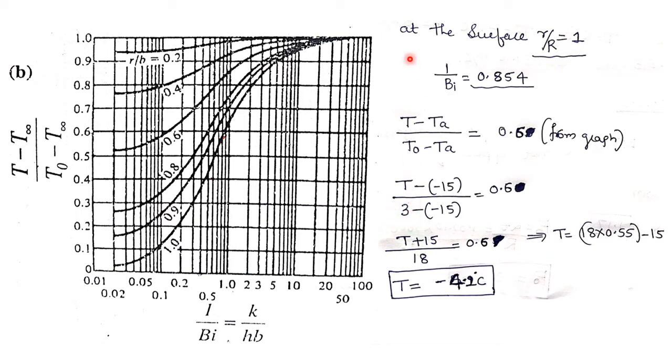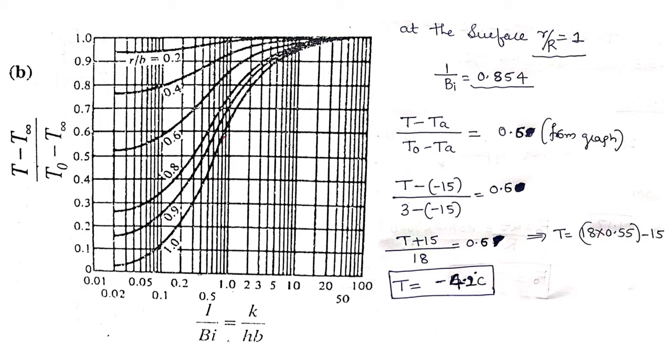While calculating the surface temperature, this T indicates the surface temperature, and this T indicates the centerline temperature. So T minus of minus 15; we have already calculated the centerline temperature as 3, minus of minus 15. From the graph we already read this value as 0.6. So T plus 15 divided by 18 equals 0.6. If I solve this, I get the temperature T as minus 4.2 degree centigrade.